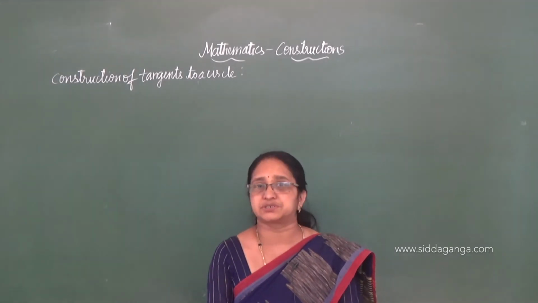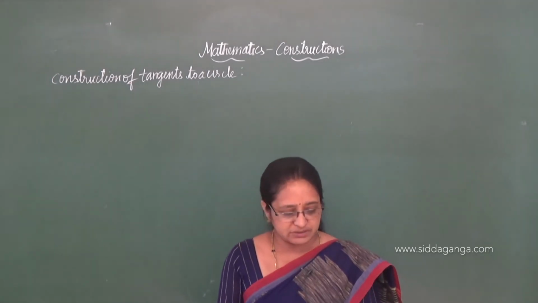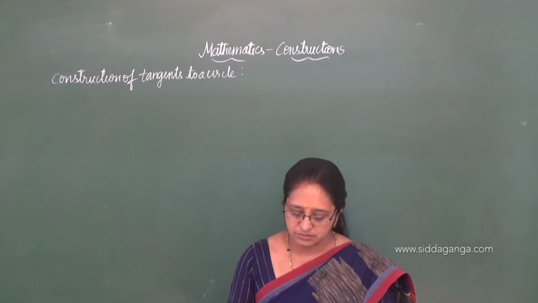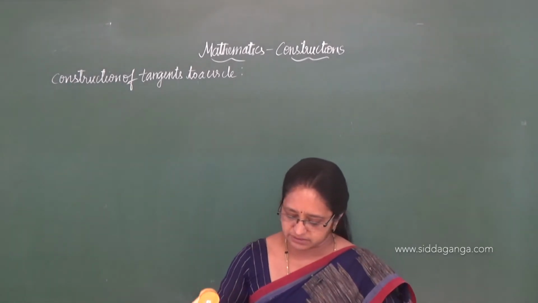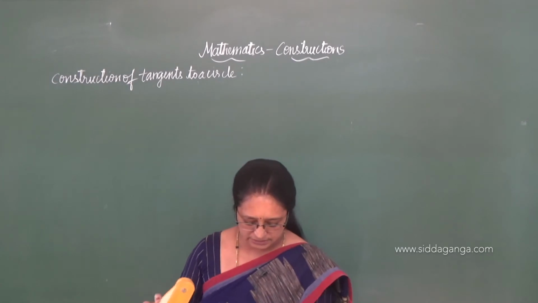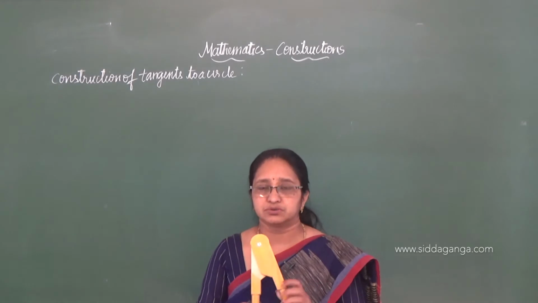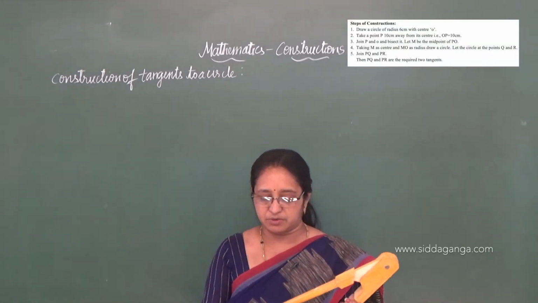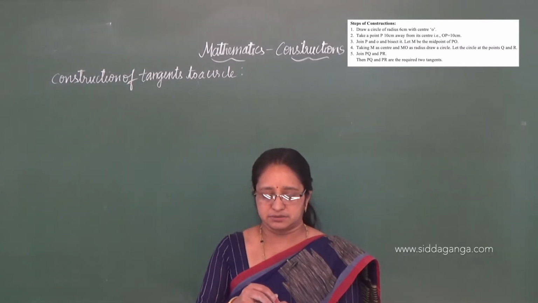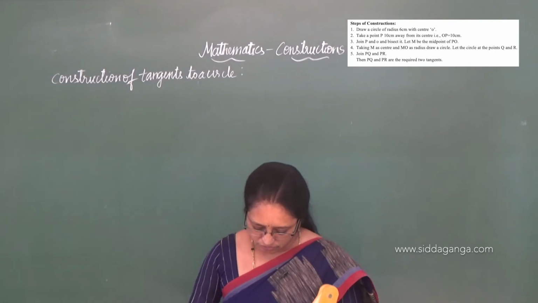See, you have to read the question carefully. You have to draw the circle of radius 6 centimeter. So first I am going to draw a circle having 6 centimeter as radius. Everybody please keep your geometry box ready and along with me you can construct. So you know how to draw the circle.